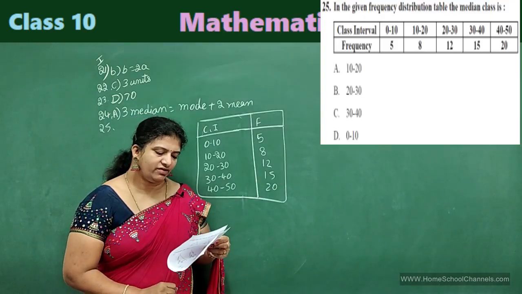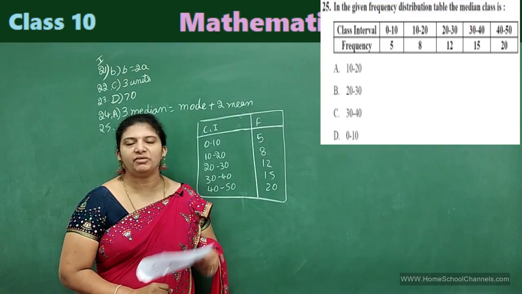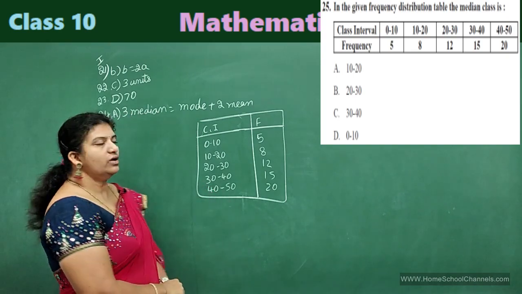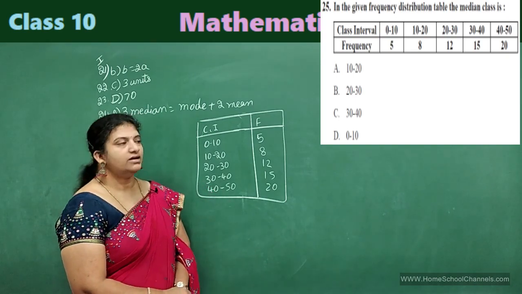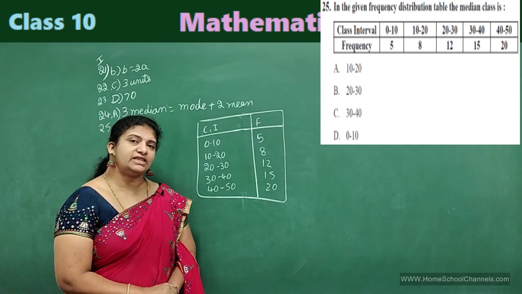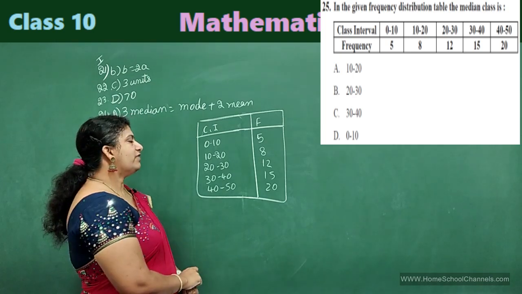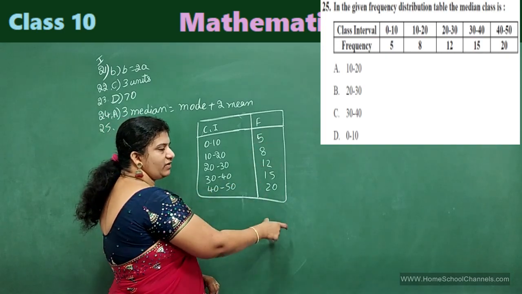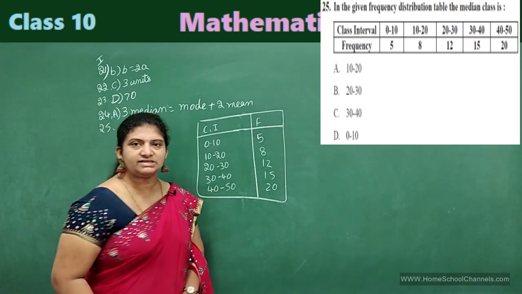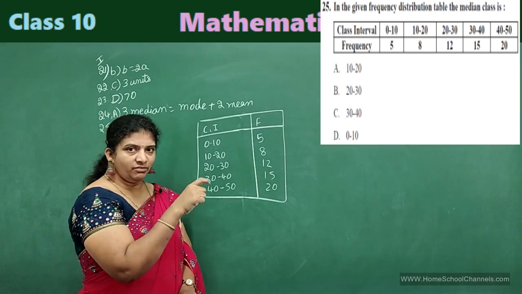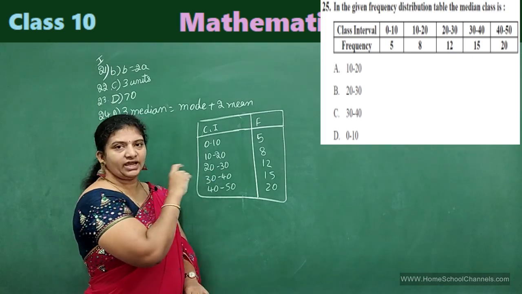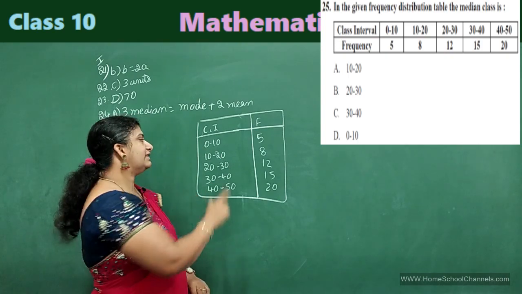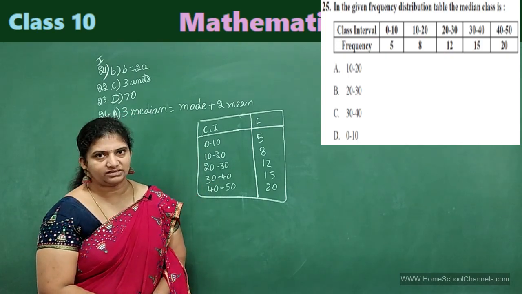25th one, in the given frequency distribution table, the median class is, class interval and frequency given. We need to find the median class. There is a little confusion with this problem, children. Find the median class means directly what we see, the frequency, do the cumulative frequency, add, divide by 2, whichever score we get, that line we say that it is a median class.